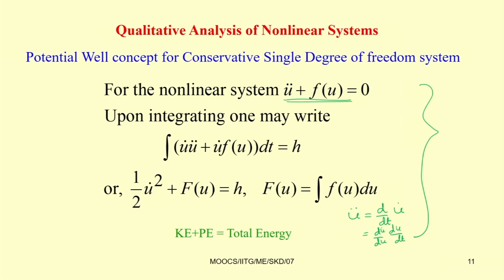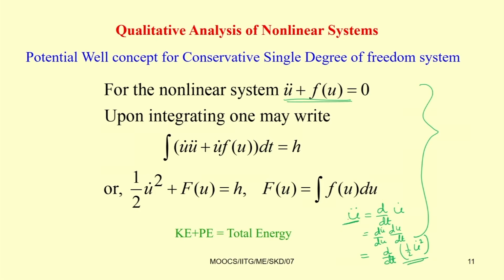So this is du dot by du into du by dt. This is nothing but d by dt of half u dot square. So d by dt of half u dot square equal to u double dot.